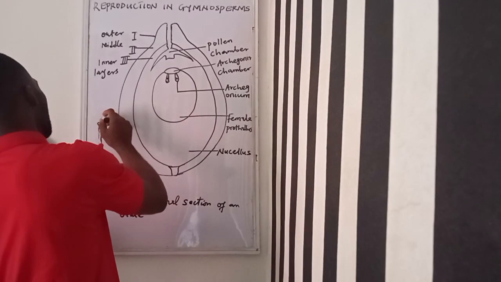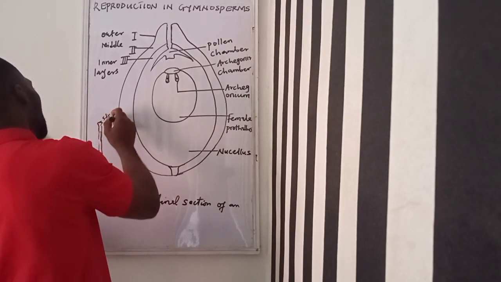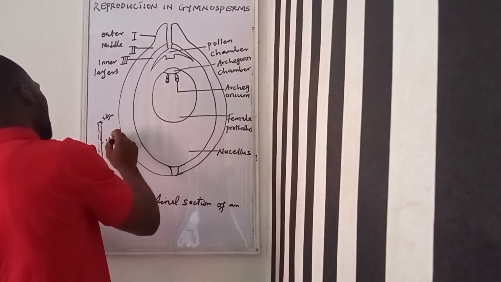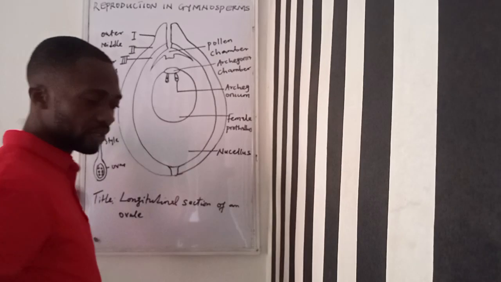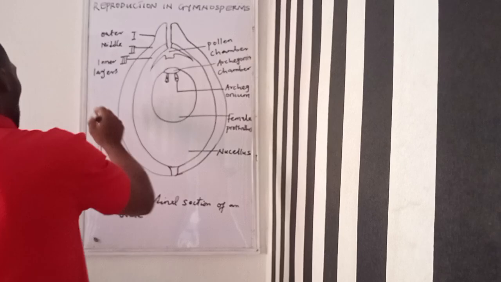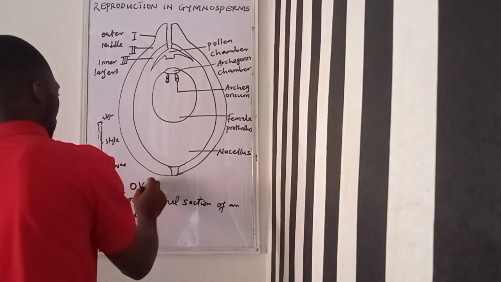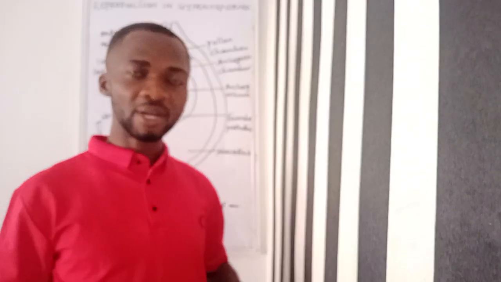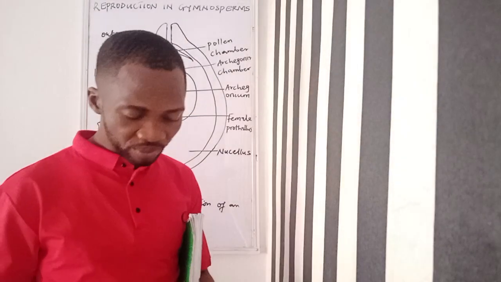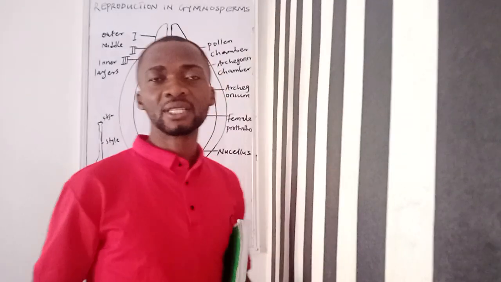This is the stigma, this is the style, then this is the ovary. Then inside this ovary, you see the ovules. The ovules are arranged within the ovary in an opposite direction. So how many ovules are found within the ovary?